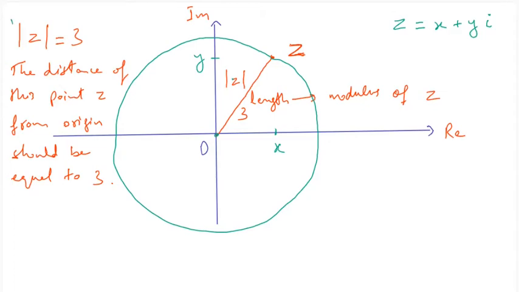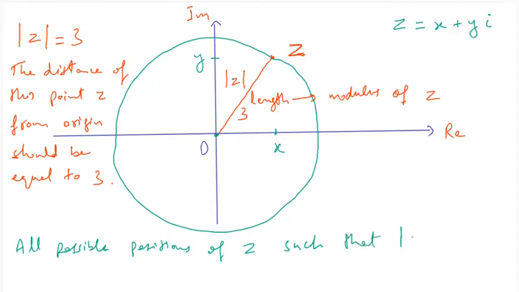Now, if we have to draw all possible points, so if somebody was to ask all possible complex numbers, all possible positions of z such that modulus of z is equal to 3, what that means is इसका distance from the origin should be equal to 3.